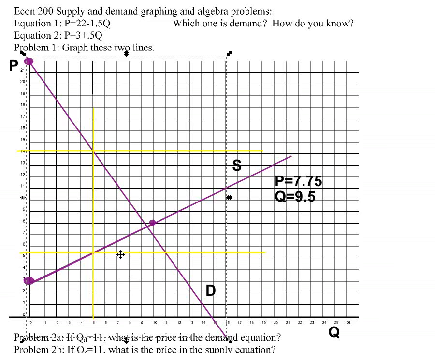Now, on the other hand, the price that businesses are selling must be $5.50 because that's the price on the supply curve that would cause the quantity that businesses want to sell to be 5. Now, to clarify, I'm saying that people want to buy 5 and businesses want to sell 5.